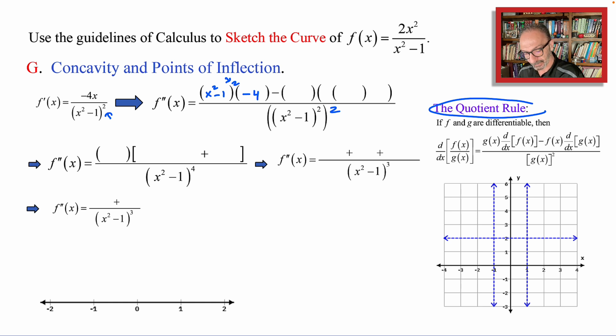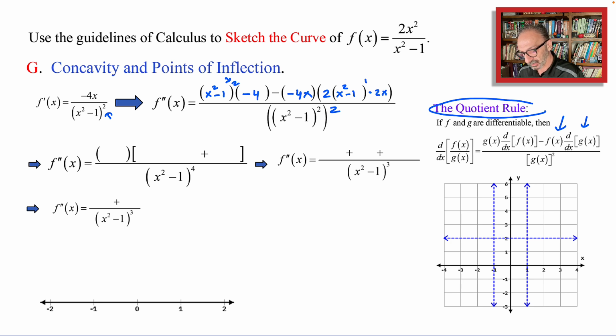Next, as you could see right here, we have the numerator times the derivative of the denominator. The numerator is minus 4x, so I'm going to write minus 4x, times the derivative of the denominator. 2 goes up front, x to the second minus 1 to the power 1, using the chain rule, times the derivative of what's inside, which is 2x.